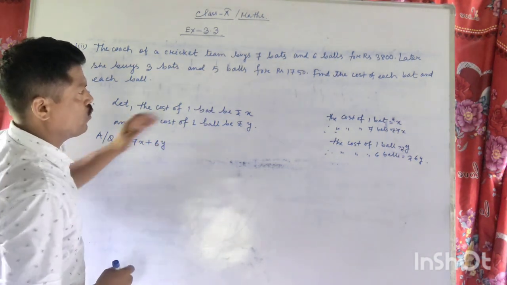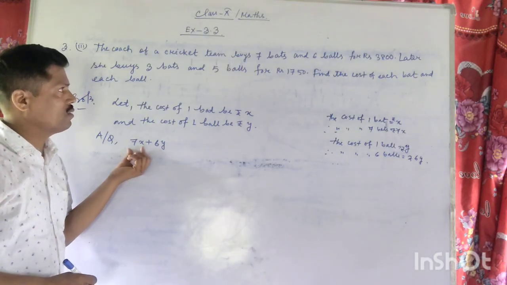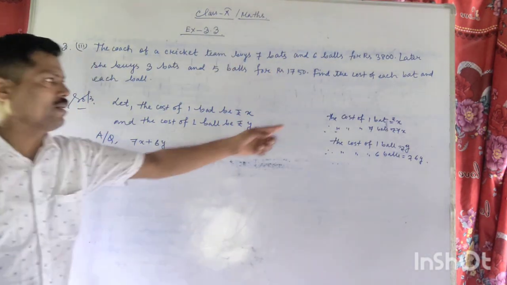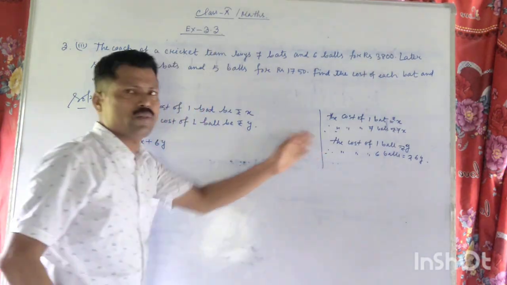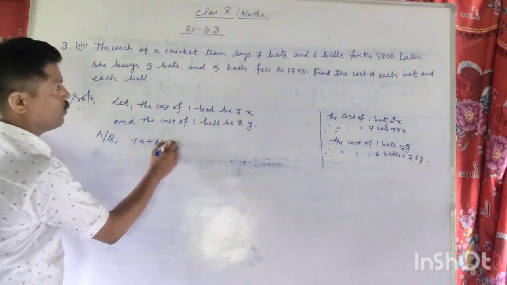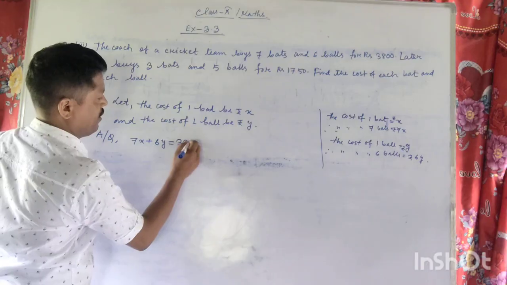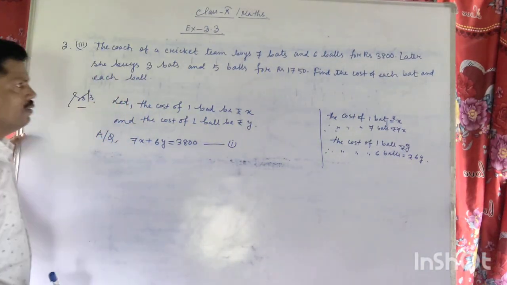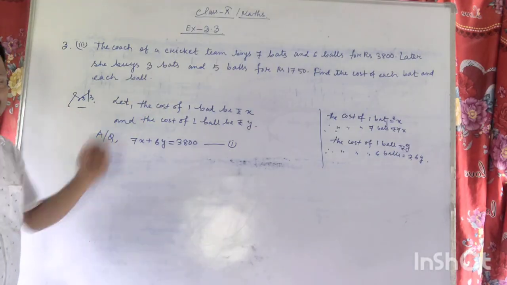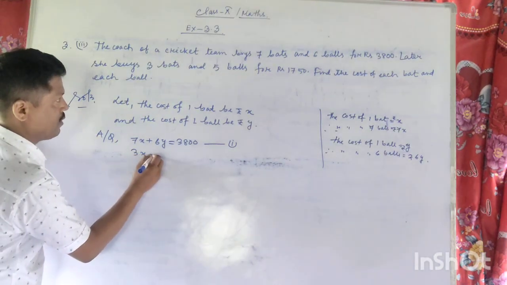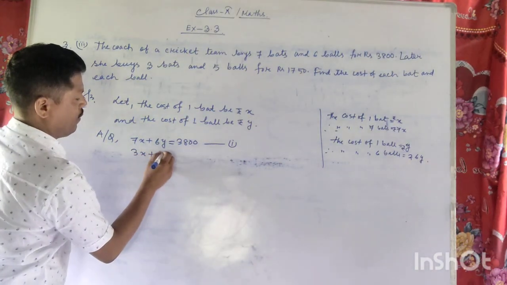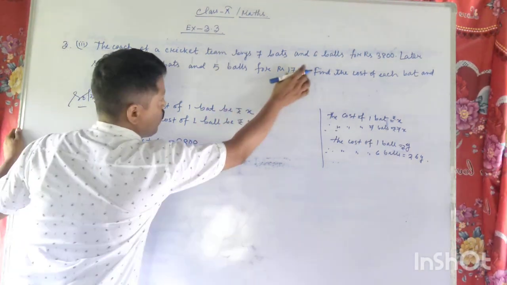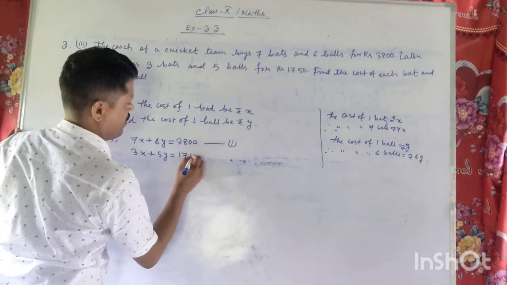Cost of 7 bats is 7x and cost of 6 balls is 6y, equal to 3,800. We can call this equation 1. And the second time, 3 bats means 3x plus 5 balls means 5y is equal to the total cost 1,750.